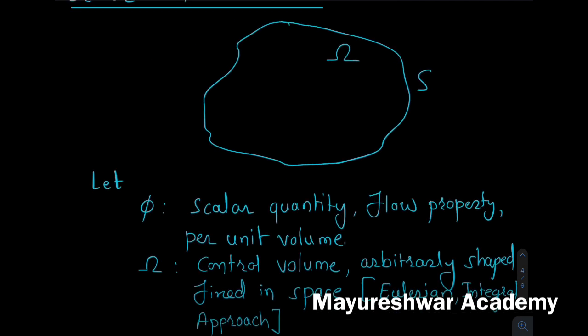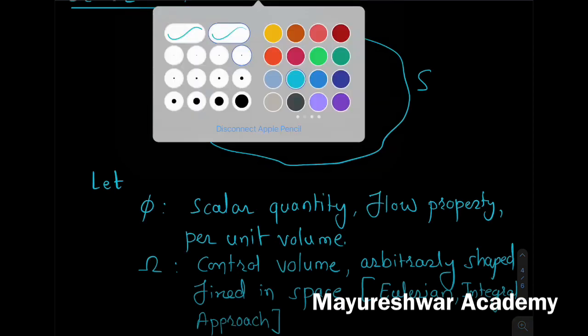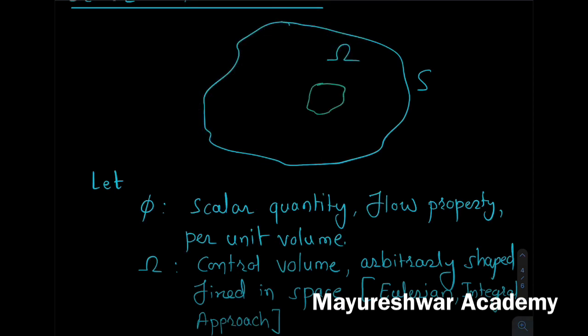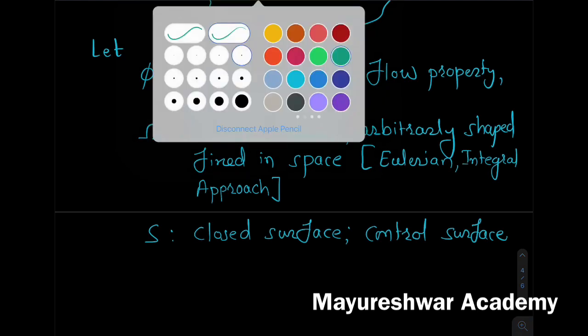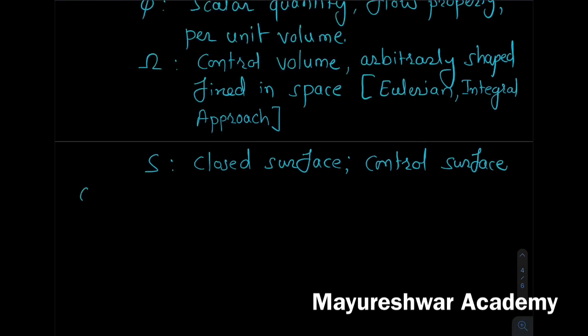Now let us consider a small control volume within this actual given domain. So let us call this volume d omega.